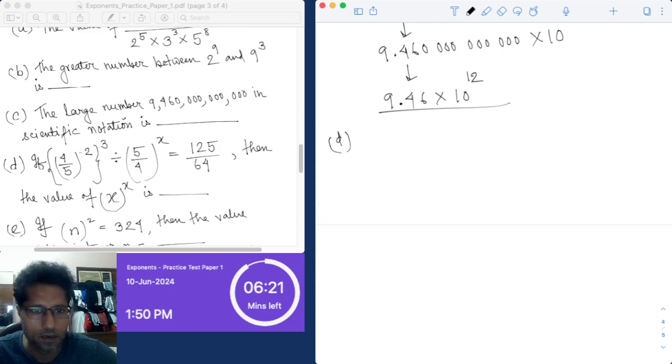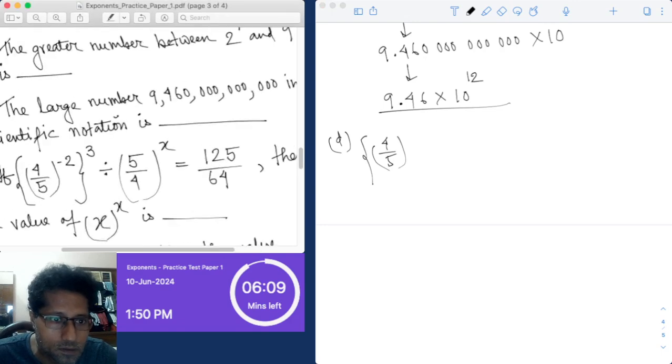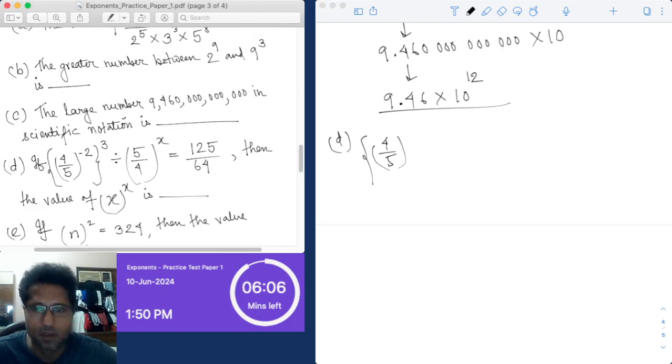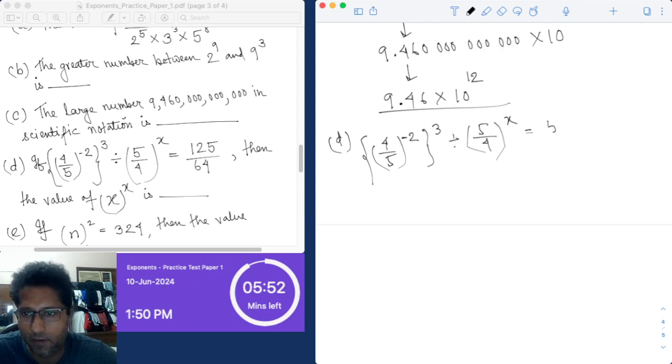What is D? It's again solving. We are given 4 by 5 to the power, this is minus 2 or what? Can't see it properly. Yeah, this is minus 2. Okay, so (4 by 5 to the power minus 2) whole to the power 3 divided by (5 by 4) to the power x equals 125. 125 I can write as 5 cube, and 64 is 4 cube.